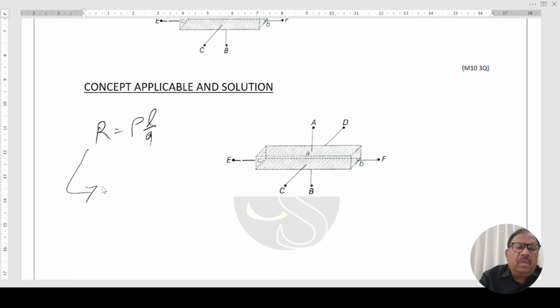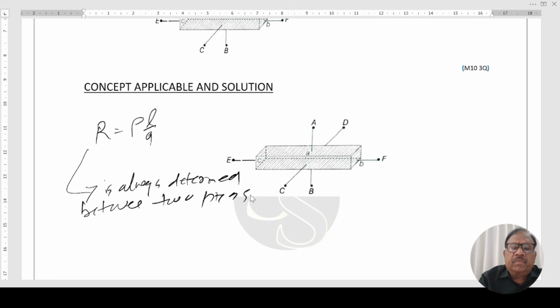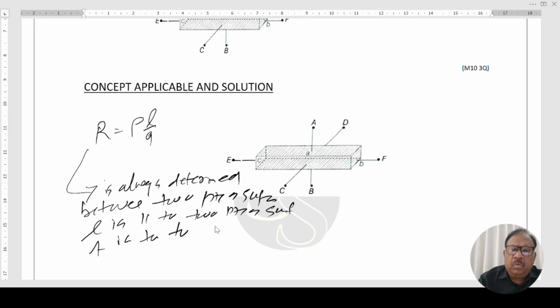Resistance is always determined between two points or surfaces, right? Length is parallel to the two points or surfaces, and area is perpendicular to them. These concepts are applicable here.